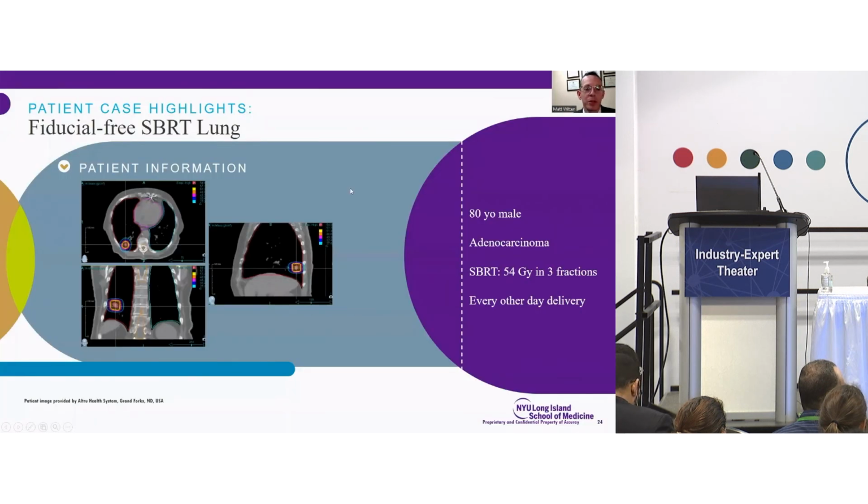Here's another example of a fiducial lung case, SBRT. You'll notice how tight the margins are, because remember, you don't need an ITV if you're actually tracking, detecting, and correcting the dose distribution in real time.